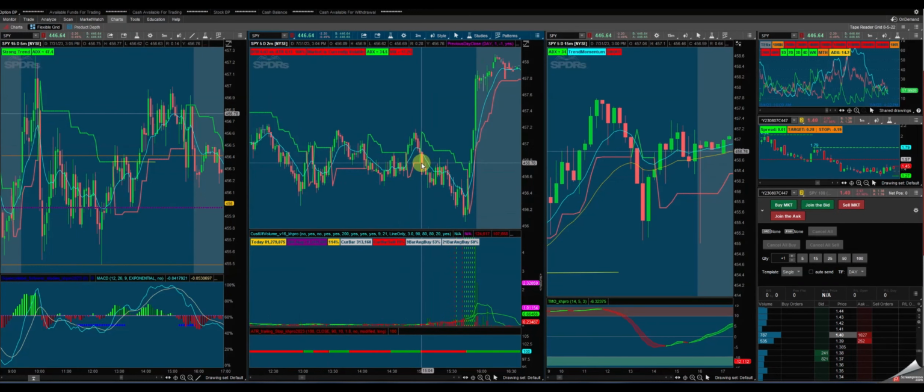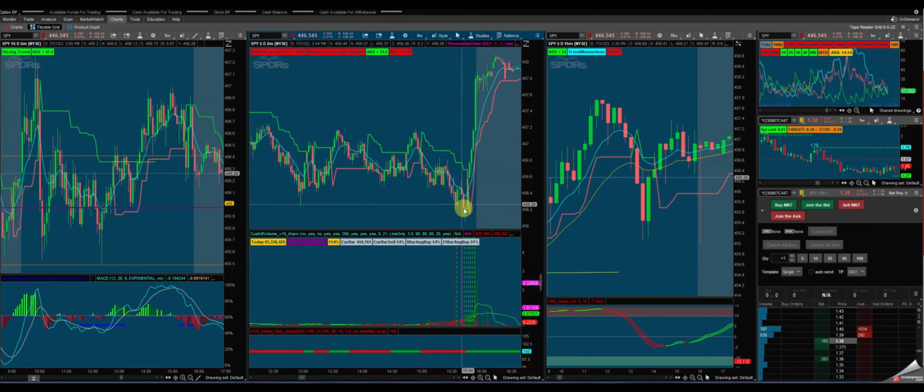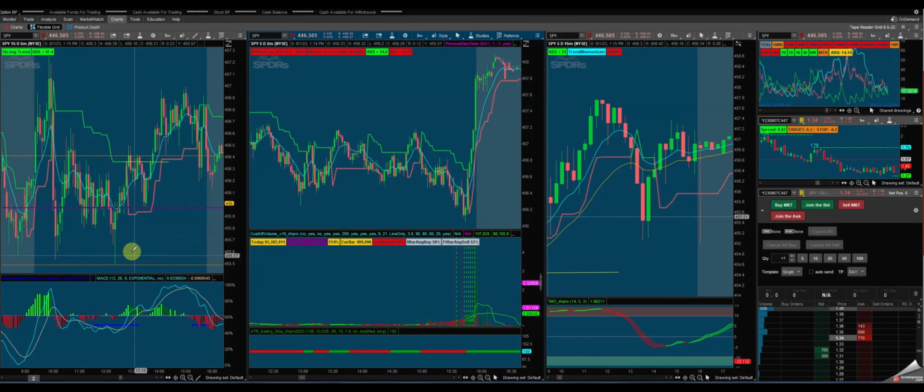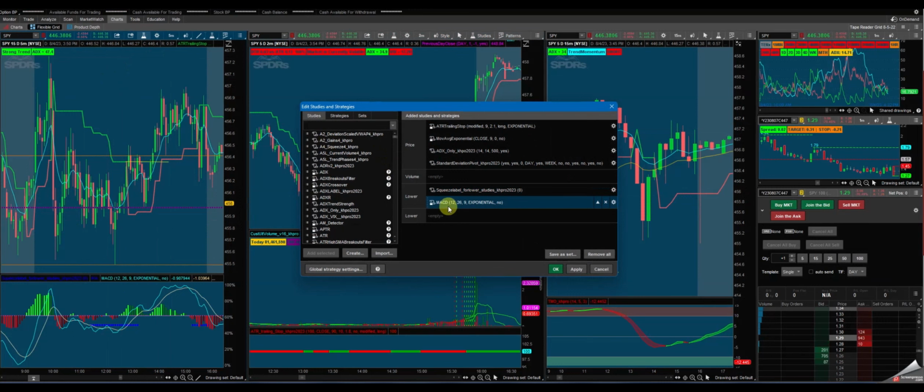Look at this nice close below into a beautiful short move. The MACD on the 5-minute is what it is. It's always great to have a MACD up. I always liked it on the 5-minute. I've had success with it. And in conjunction with the MACD, I have a squeeze label.